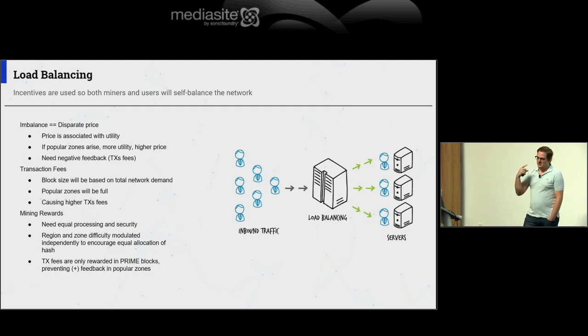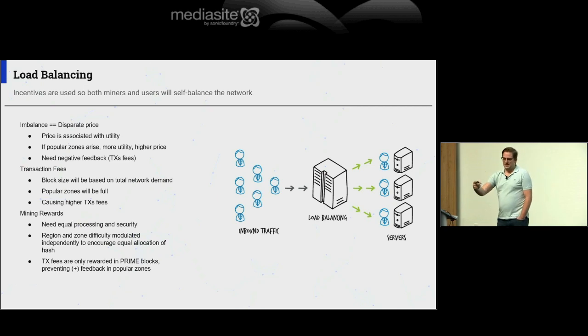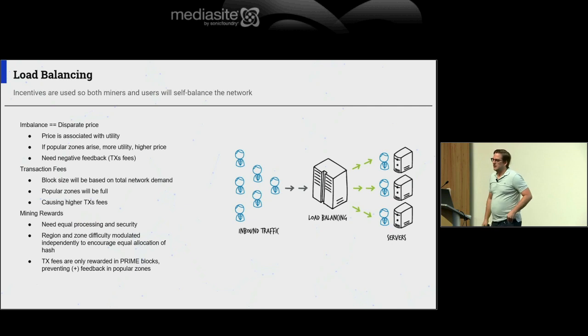So what we need to do is create negative feedback mechanisms from the grouping mentality to cause people, from both a user side and a node side, to balance hash power and to balance the number of transactions that are propagating in each region and zone.